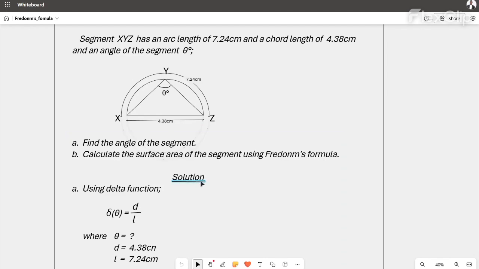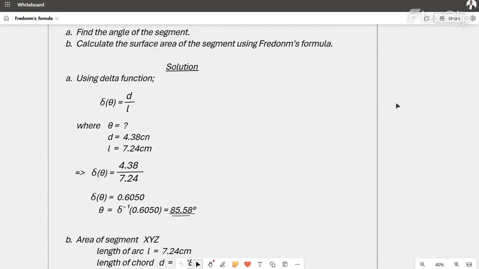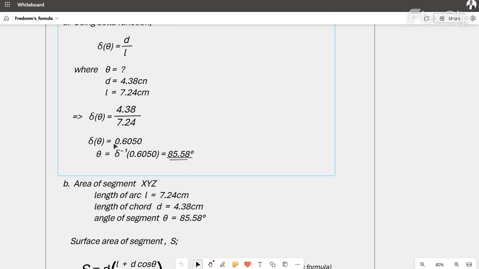But as you've seen here, we have solved for the area of this segment. There's one more thing I would like you to know. You may be wondering, how did I convert this ratio into the angle of the segment?